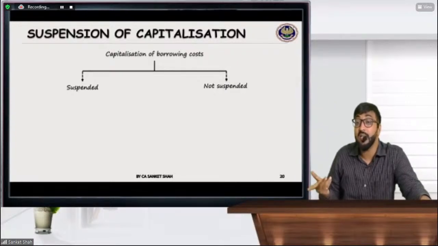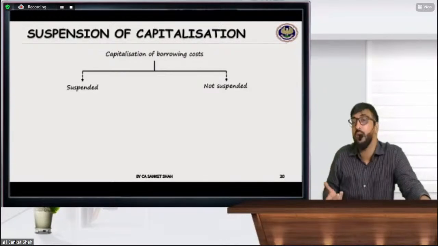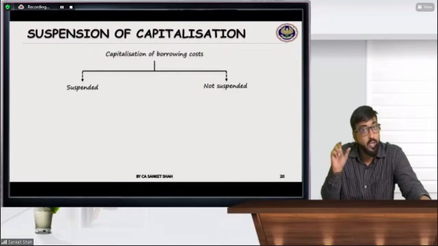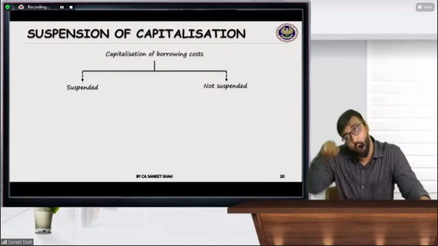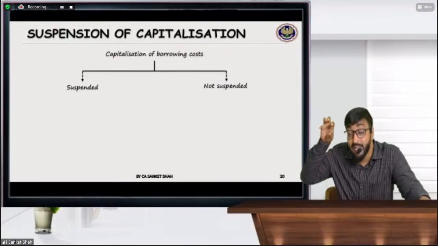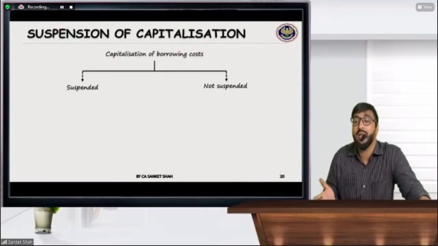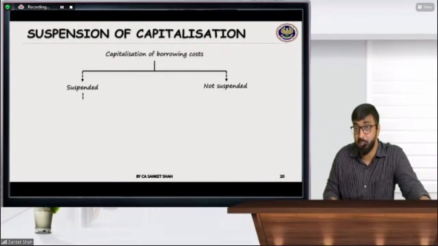But why is this getting stopped? Because administrative work or technical work is going on, and in that period whatever interest you incurred is capitalized, because that temporary delay is a part of your activity, so it is not suspension.